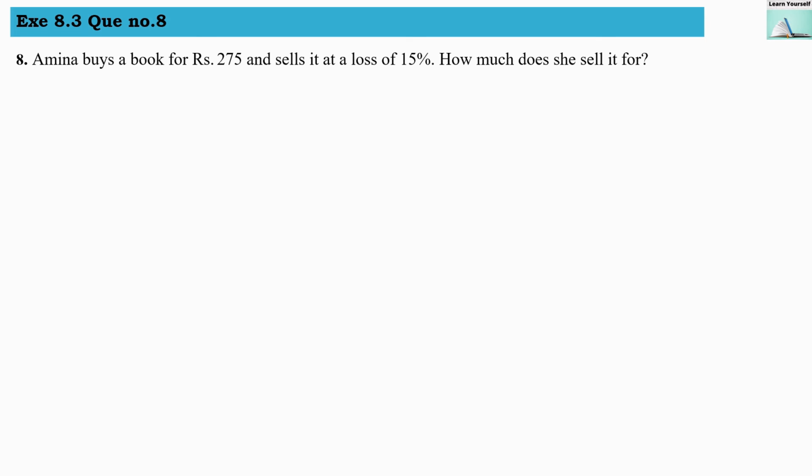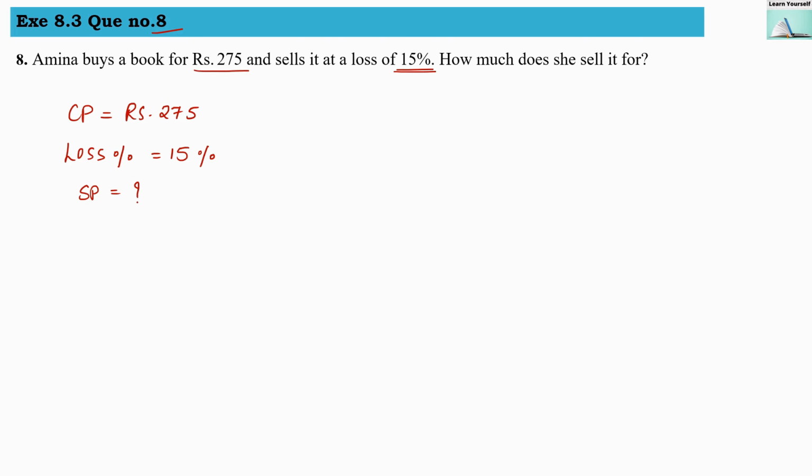Exercise 8.3, question number 8. Amina buys a book for rupees 275 and sells it at a loss of 15%. How much does she sell it for? So we have the cost price here, that is rupees 275, and the loss percentage is 15%, and we have to find the selling price.